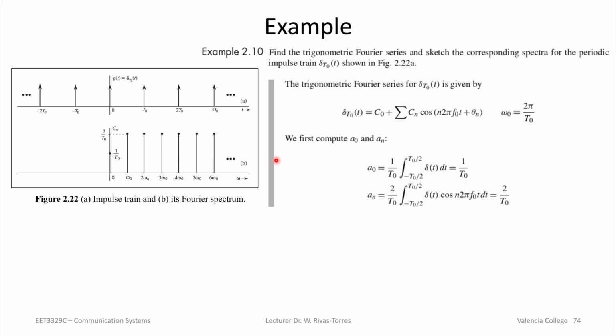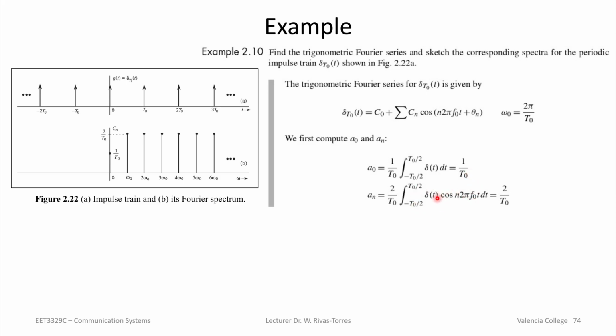You can calculate a0 and an. Again, this becomes fairly simple because of the sampling property of the impulse function. It is only when you do the integral, because this is one only at 0. The integral of it from minus infinity to plus infinity is 1. It doesn't matter that the interval is less than minus infinity to infinity, it's still 1. So 1 over T0 is the result.